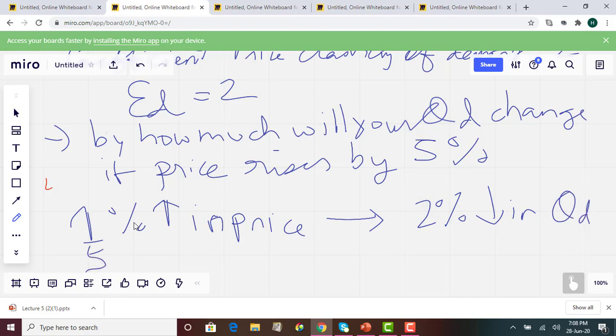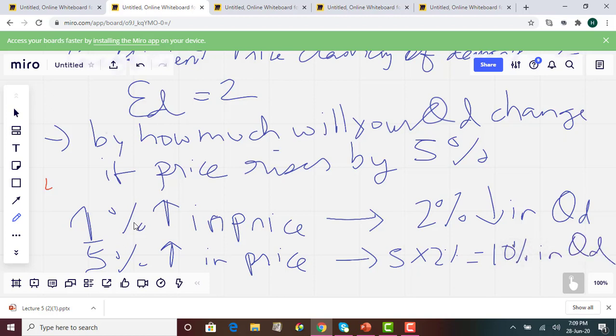So when we have a 5% increase in price, we are going to have 5 times 2%, which is equal to a 10% decrease in quantity demanded. Okay, so that way we can know what the percentage change in quantity demanded will be when there is a percentage change in price of 5% or 6%. Okay, so that was pretty straightforward.